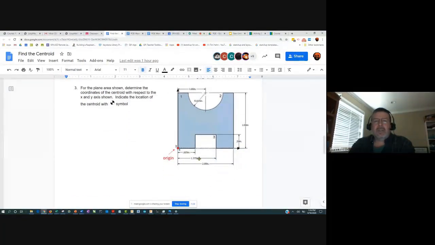And then we have this figure. So this figure, hopefully it's clear to you that you can use, probably the subtractive method, right? You would break this up into the full square and then subtract away the contributions from the rectangle and the semicircle.